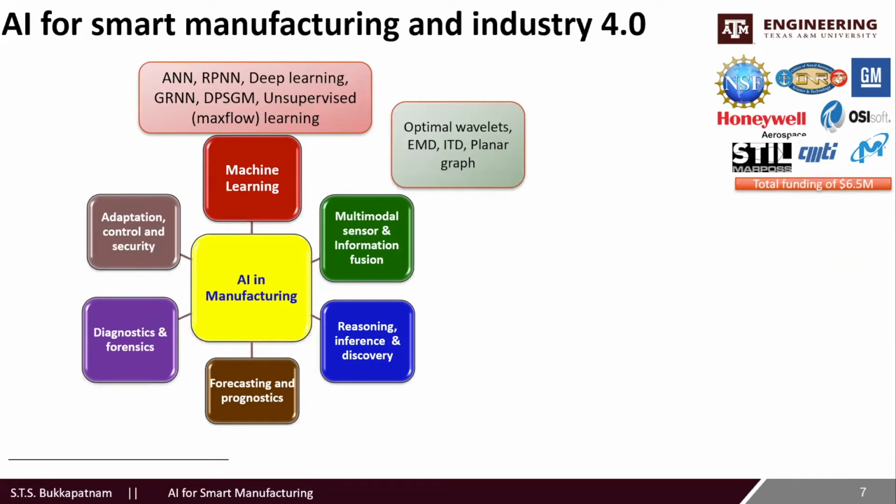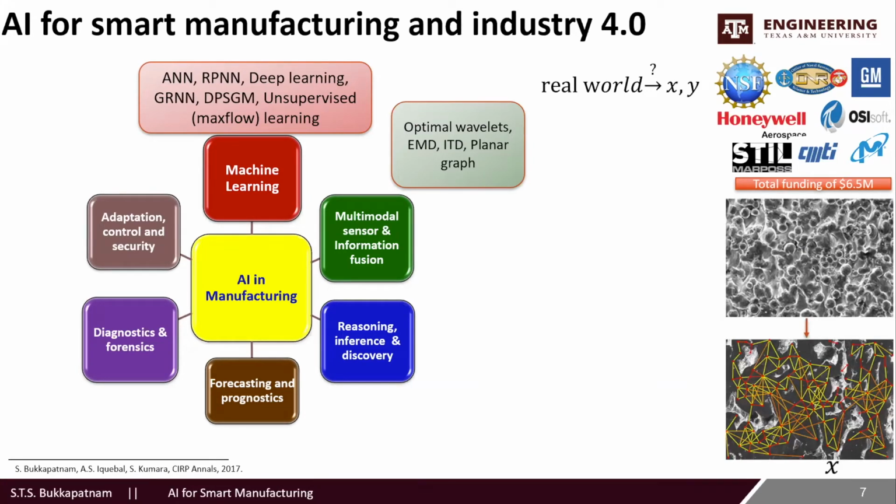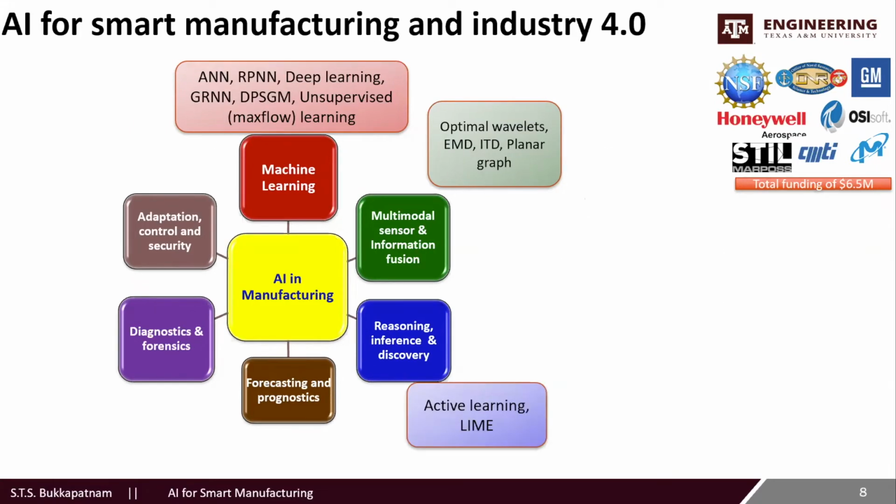Beyond that, we have representation theory. Essentially, how do you take a scene and then represent it in a way that can be useful for decision making? So here you're taking an image of an SEM, and you come up with a graph representation of it so that you can use it for monitoring purposes. Similarly, you have a stream of data, and you can come up with a representation that will help us detect changes in the process.